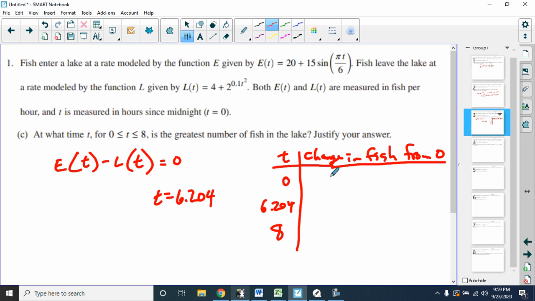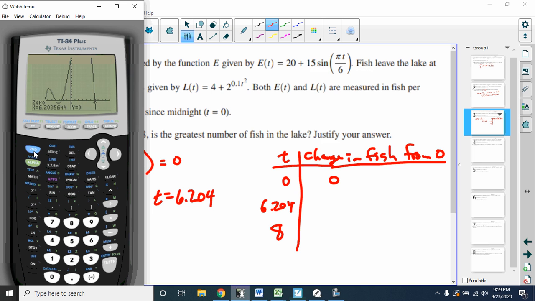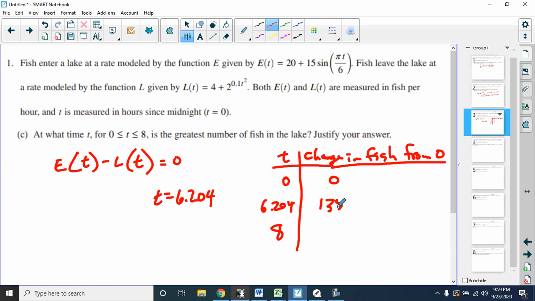So change in fish from 0, it doesn't change at all. The change in fish from 0 until 6.204 we can find by the integral of E of t minus L of t. So 135.